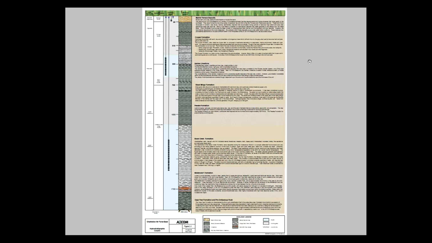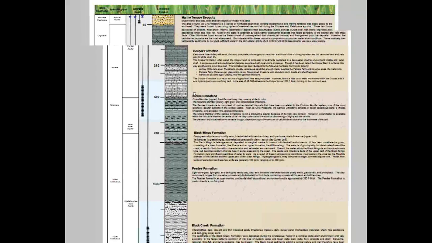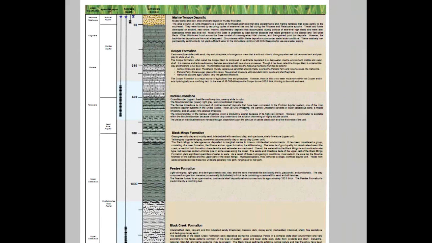Let me just zoom in on that a little bit. The marine formation, very tight. So that's the base of our shallow zone. The top of the Cooper Marl is the base of the shallow groundwater zone. There's really no communication between it and what's underneath.